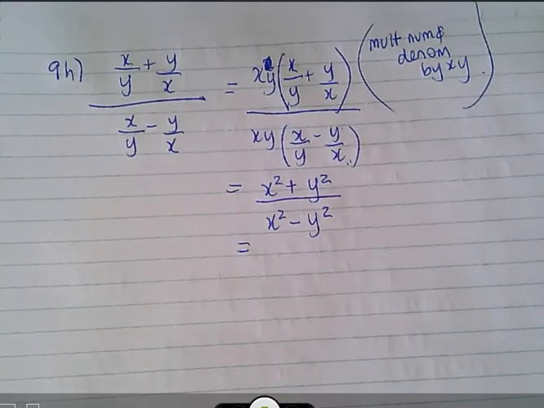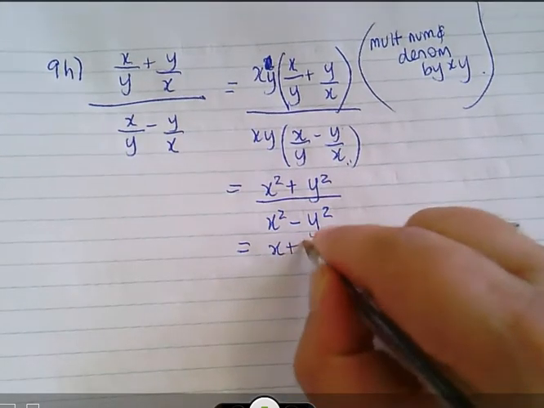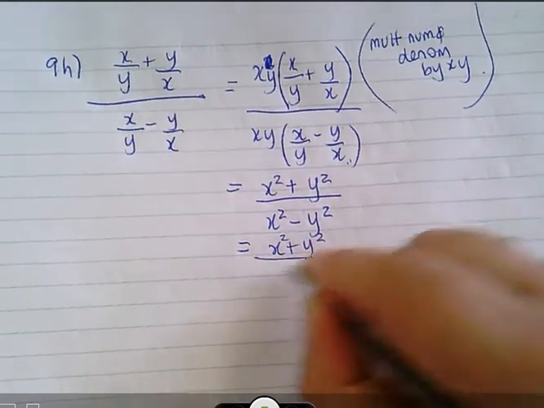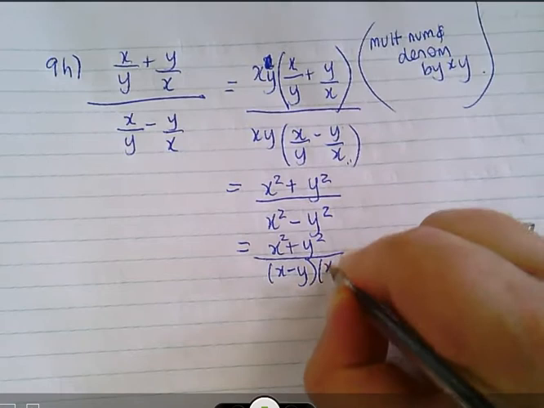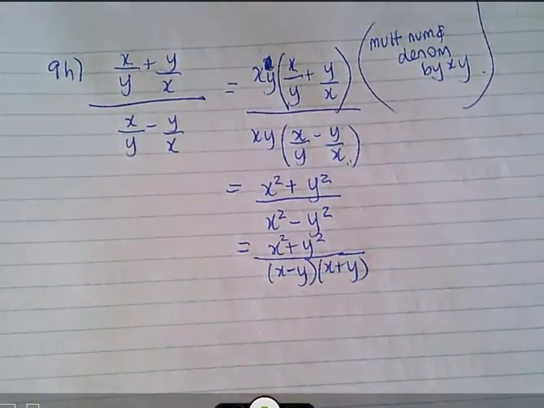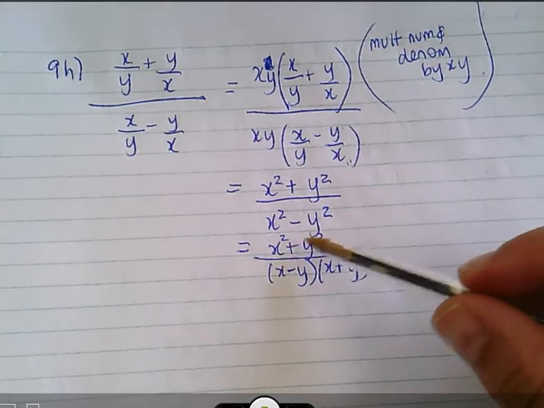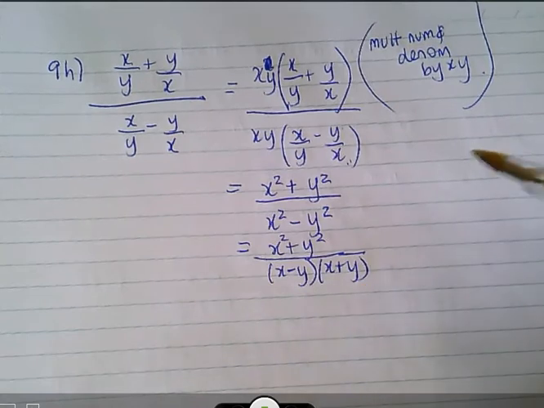Now, it says to factorize, simplify. We could just write x squared plus y squared over, you can factorize the denominator, (x minus y)(x plus y). There is no cancelling here that can happen. Please do not go cancelling this x squared plus y squared with this x plus y. You can't.